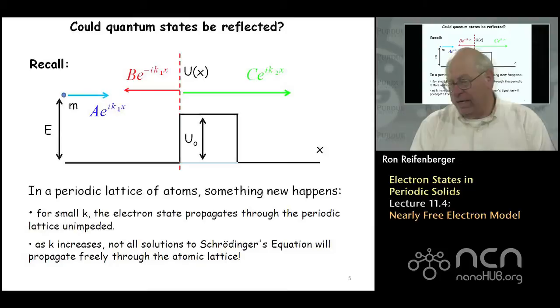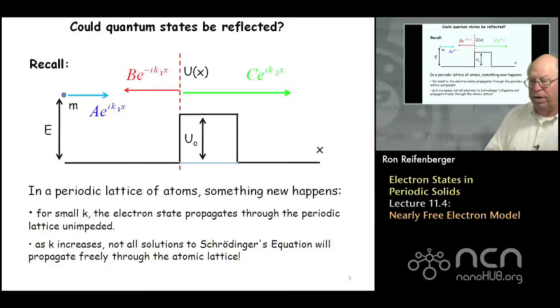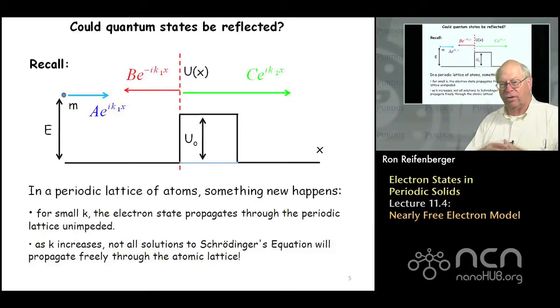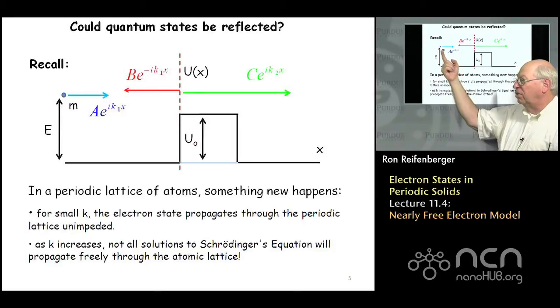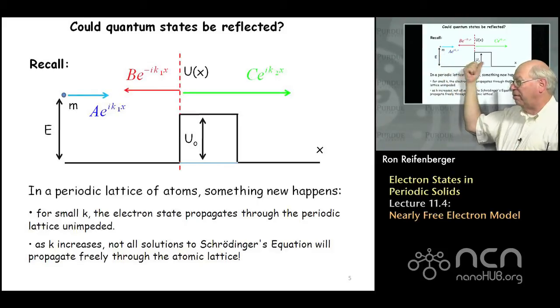The interesting new thing that's possible now is that these quantum states that are described by these plane waves could be reflected from the modulation in the potential energy introduced by the core atomic states in the solid. So let me remind you of something that we discussed way back at the beginning of the course. We considered the case when a particle of mass m had an energy E and was described by a plane wave that was traveling to the right.